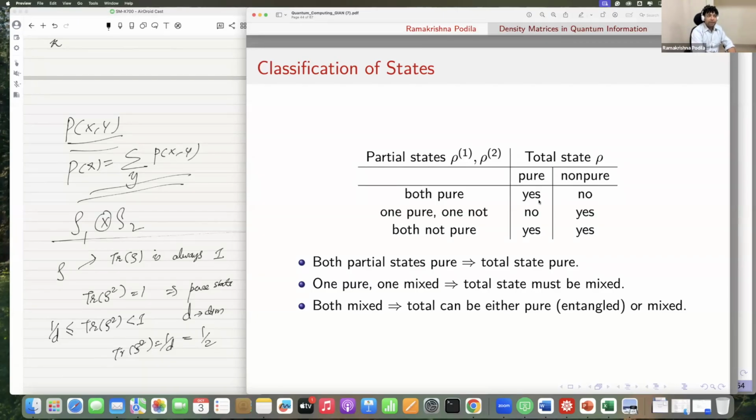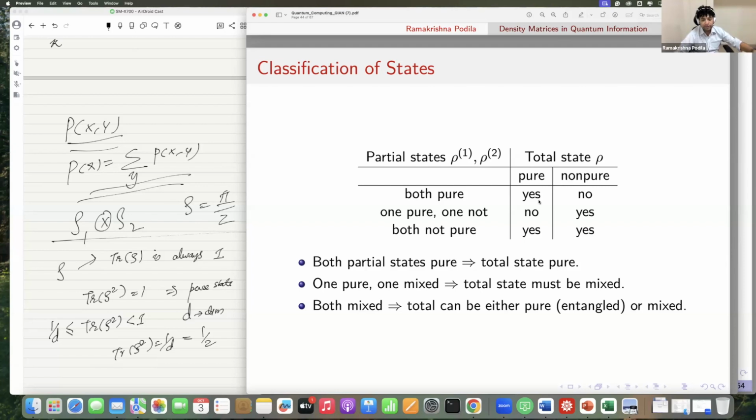In fact, we saw that if I have two orthogonal states, then rho would simply come out to be I by 2 always, irrespective of what state that was. We discussed this yesterday. So is the difference between pure state and mixed state clear?